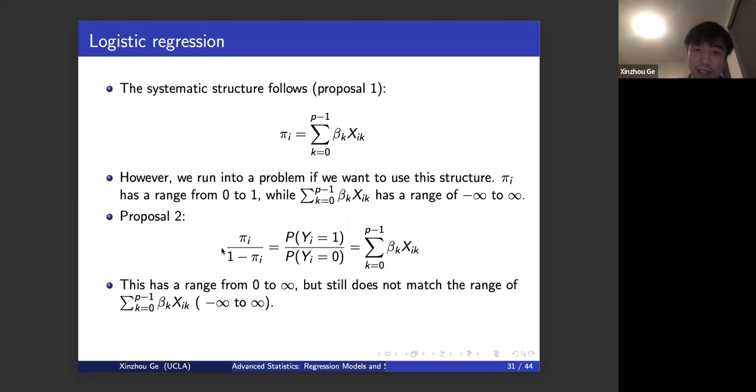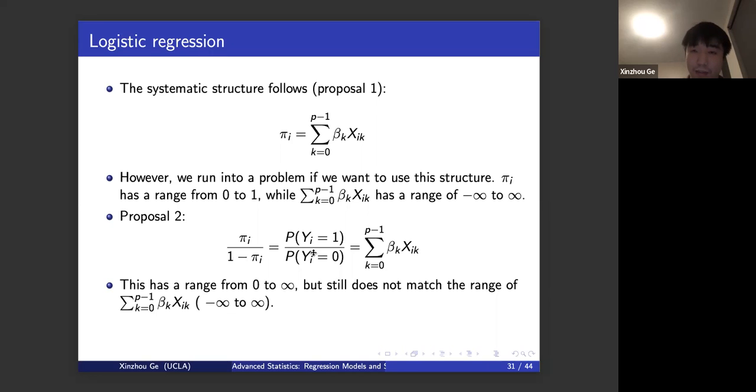So we can see that for different pi i's, the left part will take values from 0 to infinity. So in this way, we have successfully changed the range of pi from 0 to 1 into a range from 0 to infinity. I think this is already a much more reasonable response.